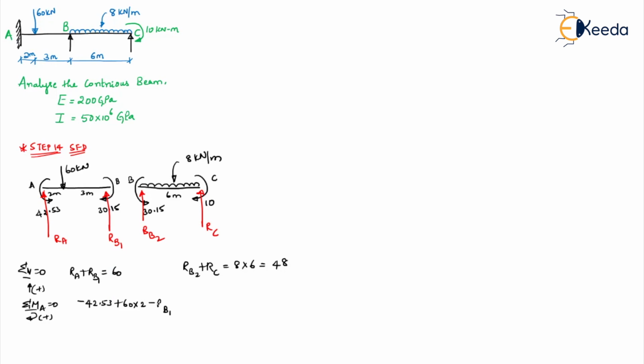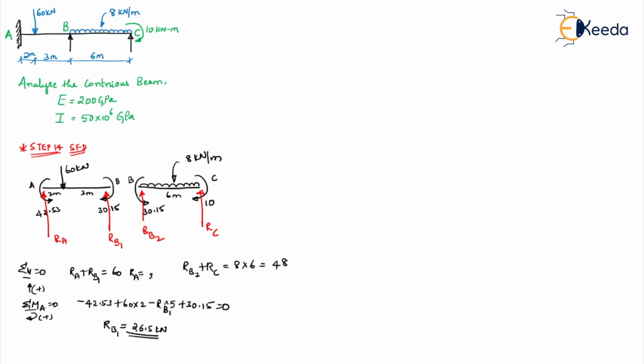So it's minus RB1 into 5. Coming to this, it is a clockwise moment, so plus 30.15 into 1.5 equal to 0. This will give you the value of RB1, 26.5 kilonewton.